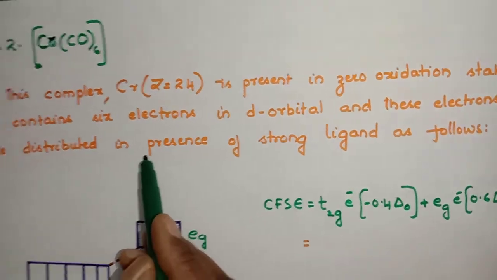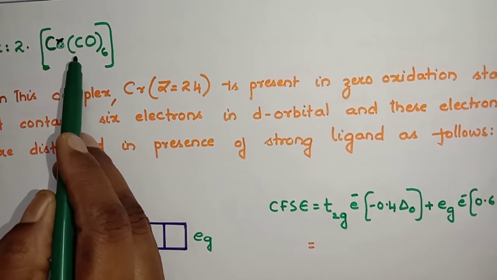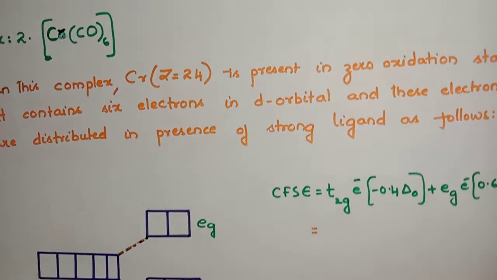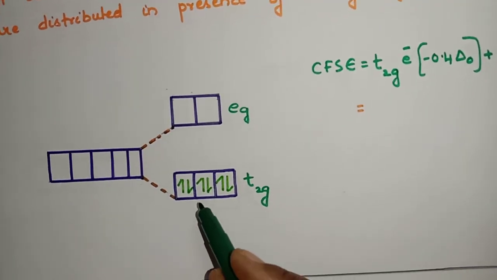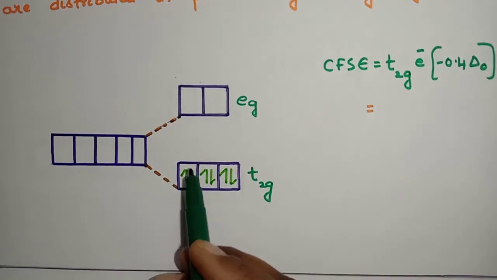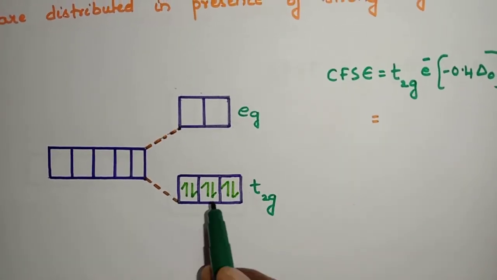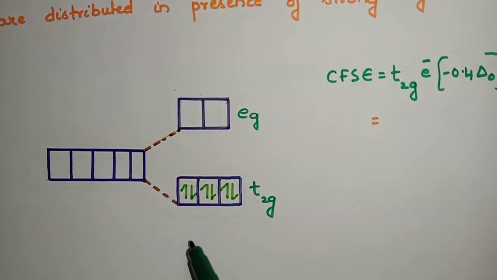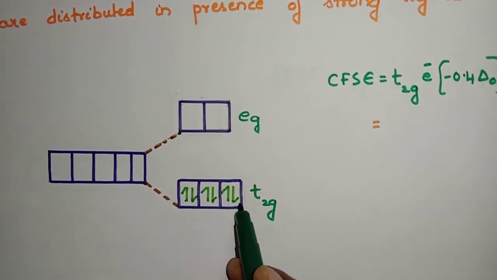It contains 6 electrons in the d orbital, and we look at their distribution in the presence of a strong ligand. The carbonyl group CO is also a strong ligand. As it is a strong ligand, all the 6 electrons are distributed in the t2g orbitals like this: 1, 2, 3, 4, 5, 6.